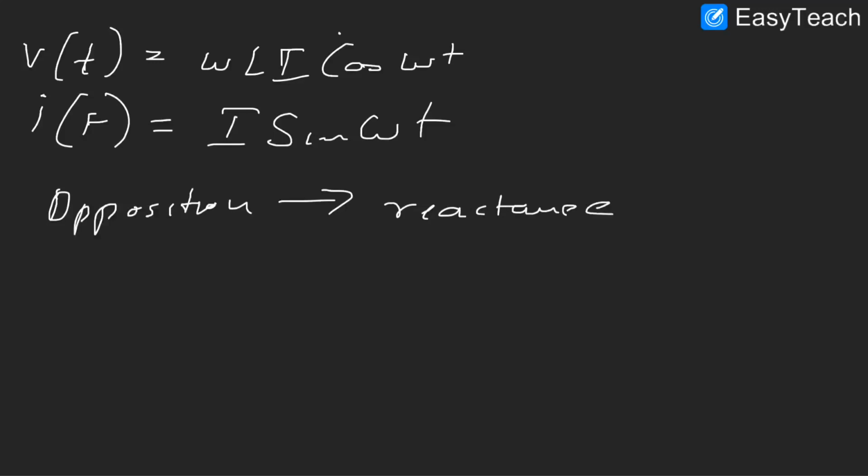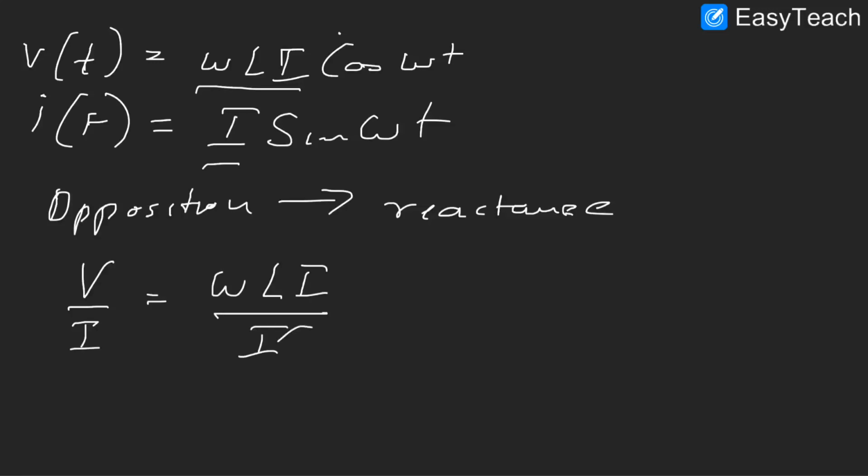So this reactance is nothing but V by I. We're just going to take the peak value, which is omega times Li by I. So if I cancel out I and I, I get my reactance, which is denoted by XL, is omega times L.